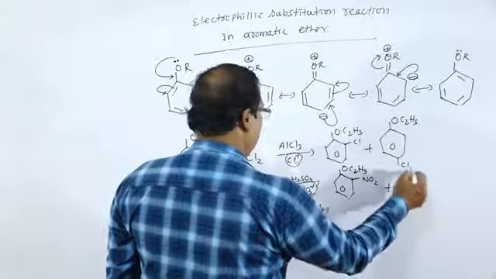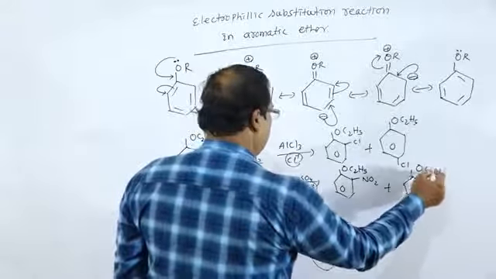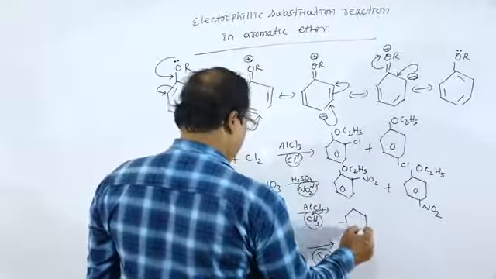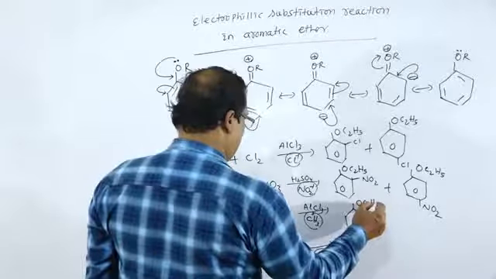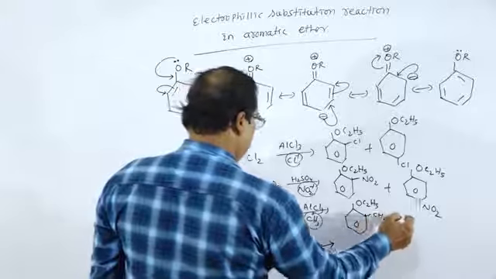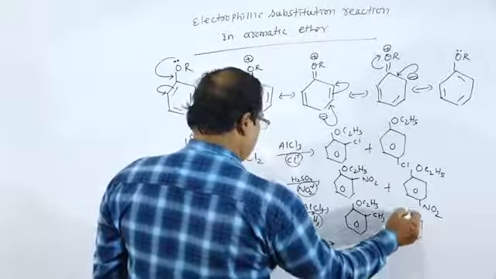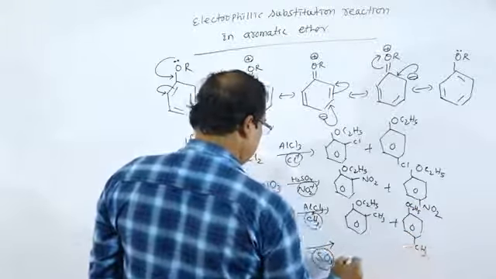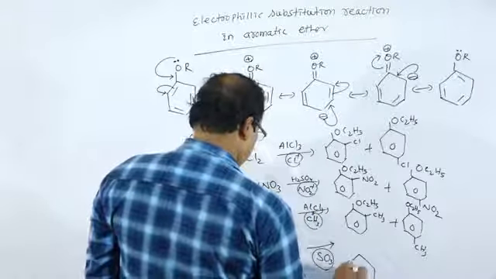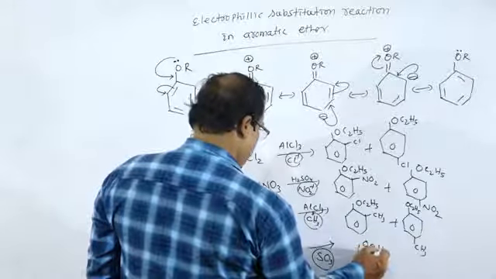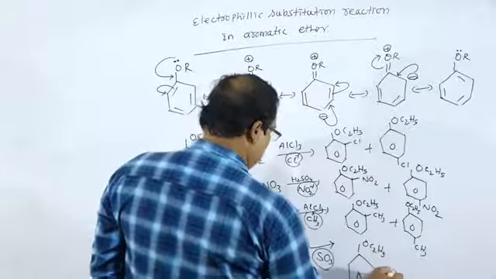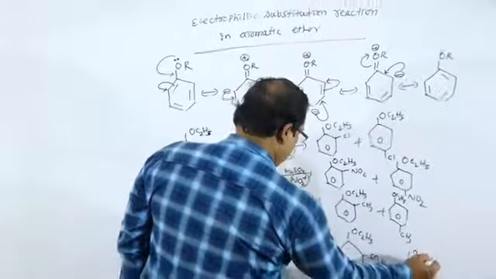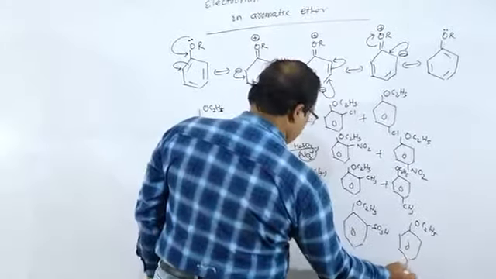Similarly, the CH3 group will get entered, and in this case SO3H at the ortho, and OC2H5 with SO3H at the para position.